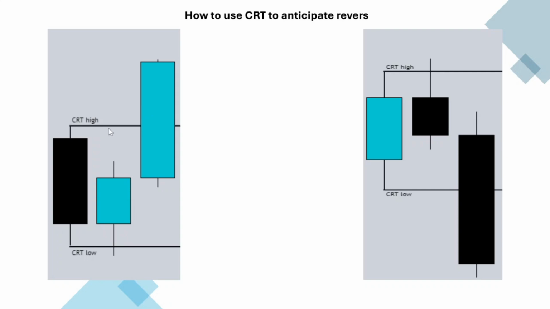At the early stage, you'll be focusing on the third candle, waiting for the second candle to close. You wait for the second candle to close, then you anticipate the next candle's price movement to go to the candle's high to run the buy side liquidity, which is known as the CRT high. The same thing applies from a buy side to a sell side delivery in a reversal.